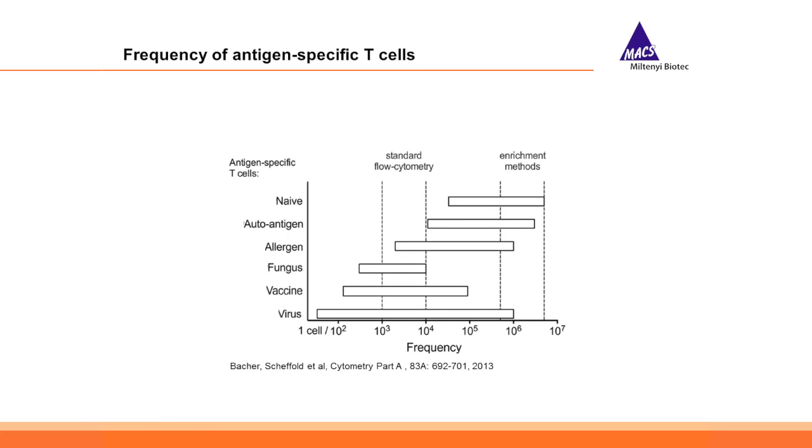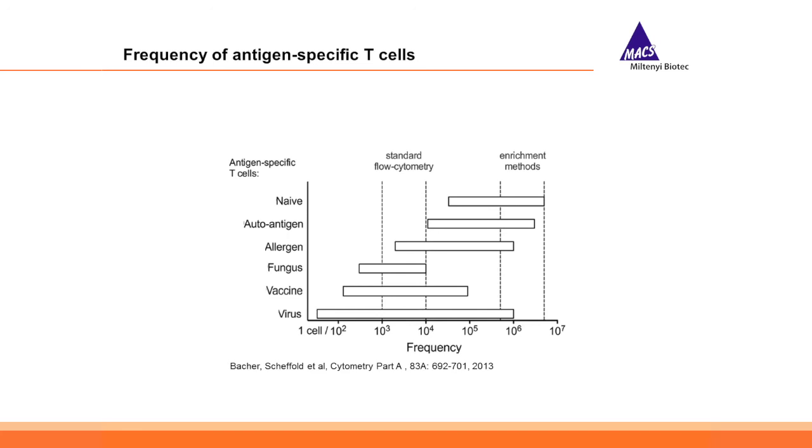So here are some different populations of antigen-specific T cells. For example, naive antigen-specific T cells, so that have not participated in any immune response so far. You have something around 1 cell in 5 times 10 to the 4 blood cells, down to 1 cell in 10 to the 7. So they're really, really rare and really, really difficult to visualize.